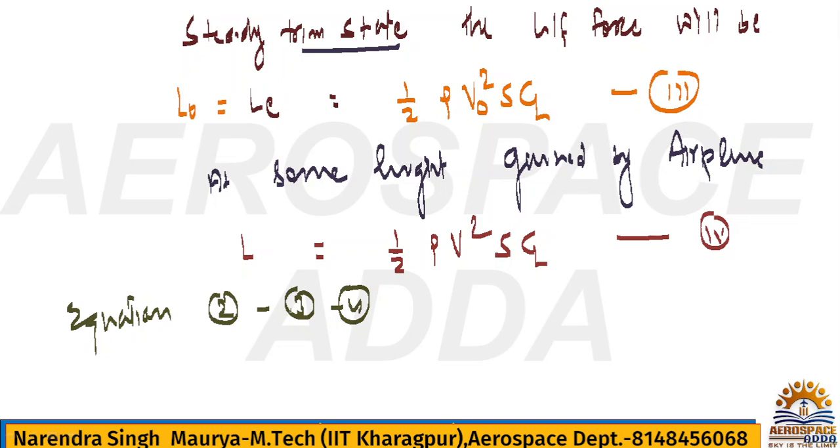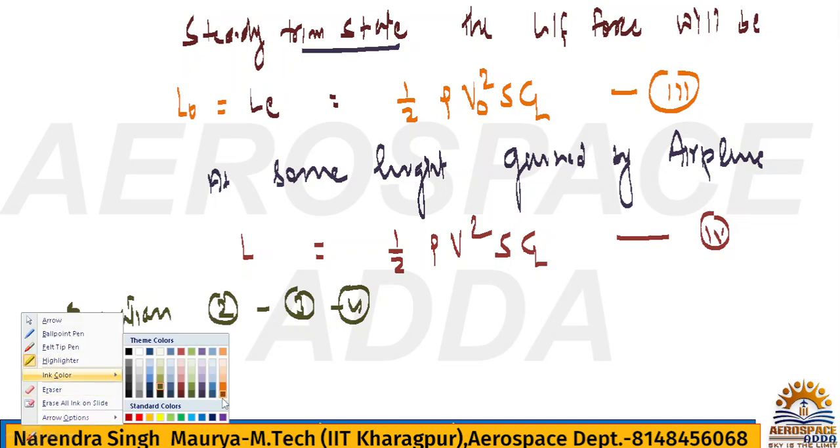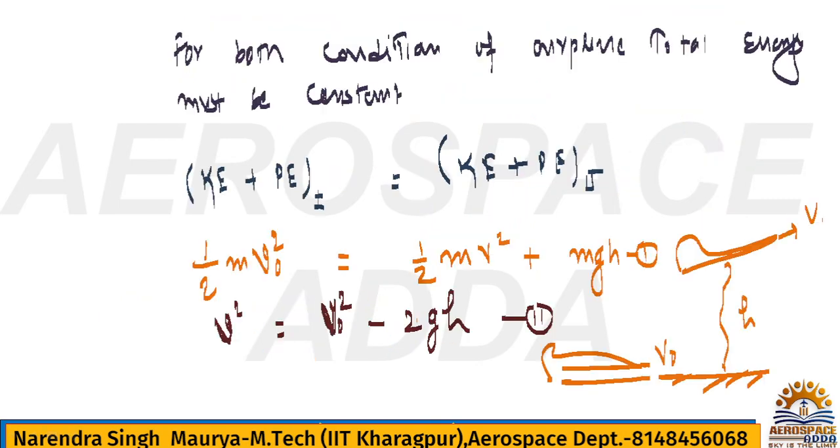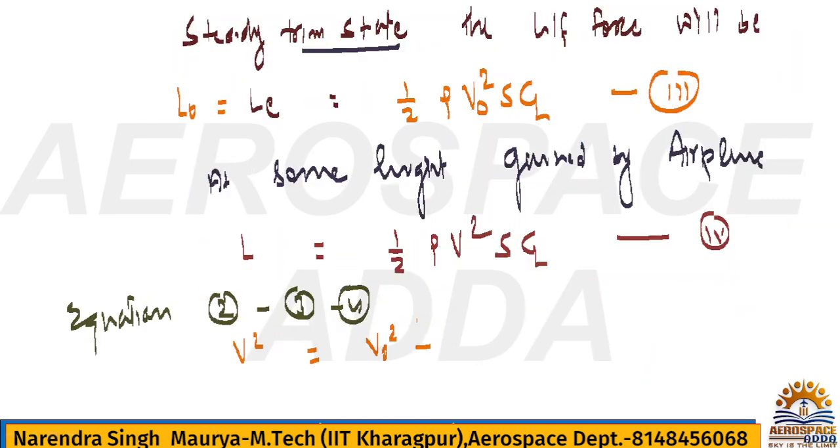Then what value will we get? Check, from equation 2 we just try to connect so you will understand. See, v square, we had written in equation 2, v square is equal to v naught square minus 2gh, right? That is the equation of motion.